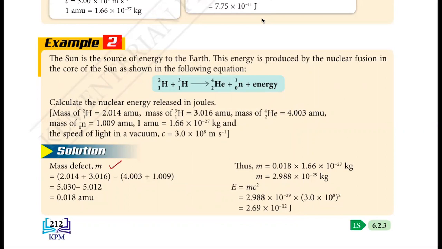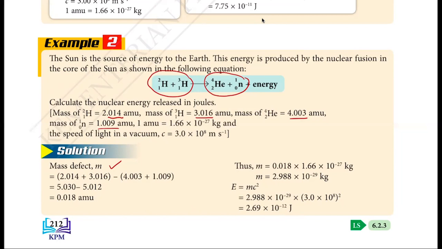This part, because they're plus, you have to plus 2.014. You plus with 3.016. Then you minus with all of this after the arrow. Minus with 4.003 and also this one 1.009.